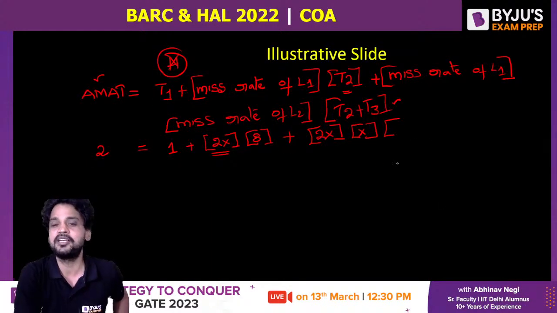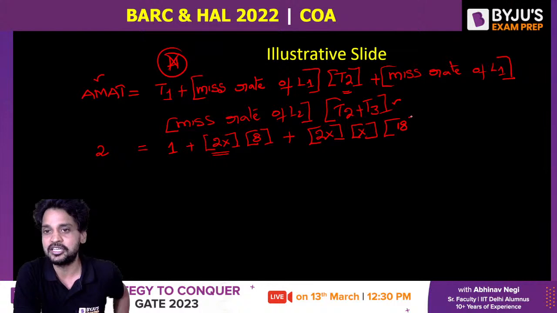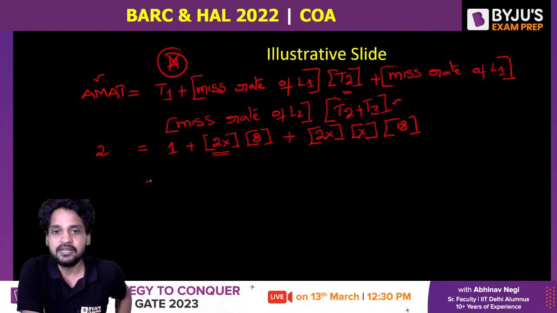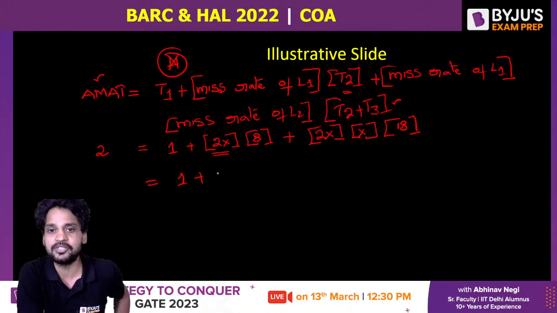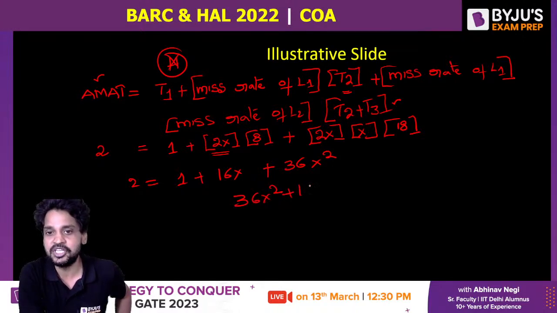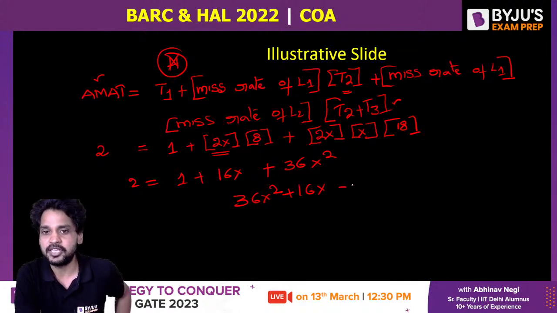So you just simply plug in this 18 clock cycles. It will be 1 plus 8 into 2x, which is 16x, plus 36x square, equal to 2. So I can say that 36x square plus 16x minus 1 is equal to 0.